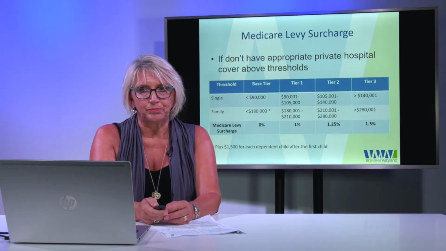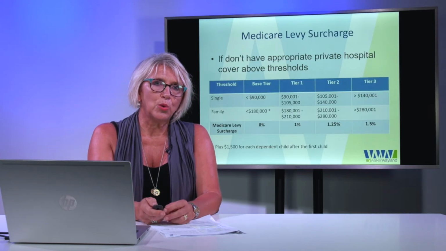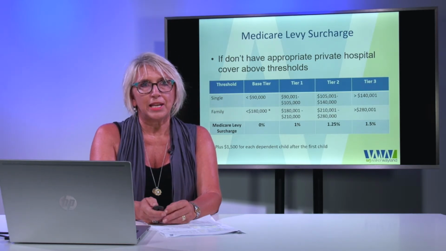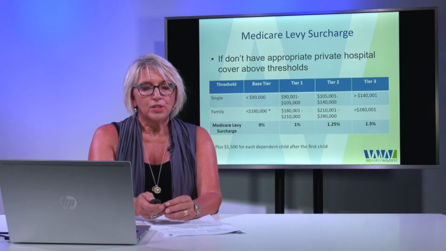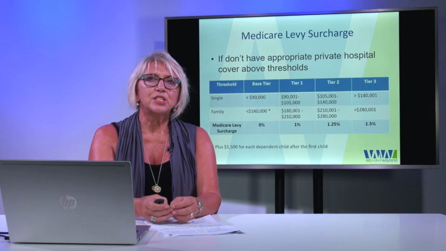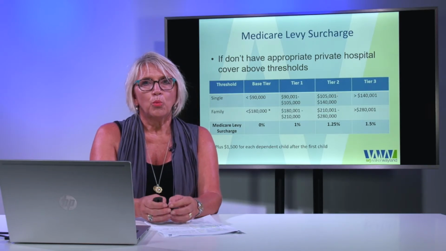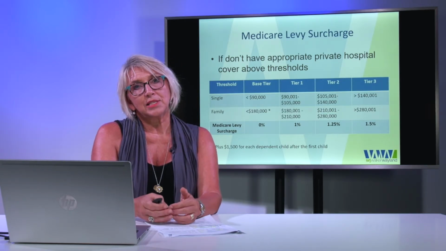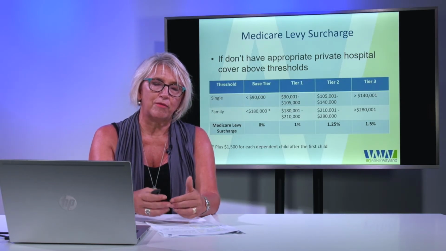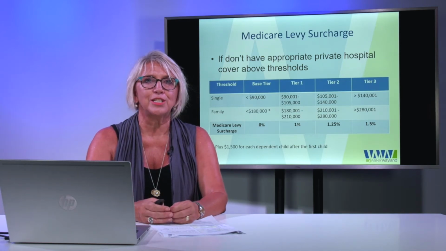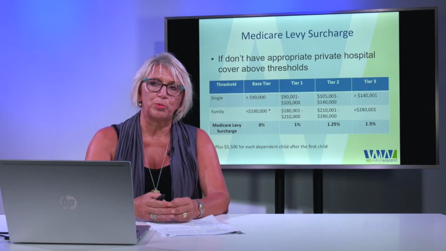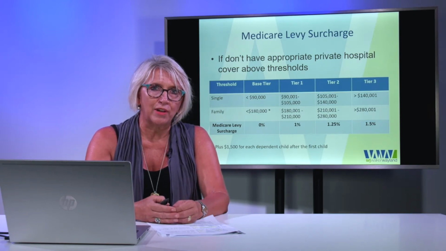So before I start talking about tax offsets, I'll take you through the Medicare levy surcharge. So in Australia, we have a strong public health system, and to support that system, we require people that are classified by the Australian Taxation Office to have earned income above a higher income threshold to pay a Medicare levy surcharge if they do not have appropriate private hospital cover.